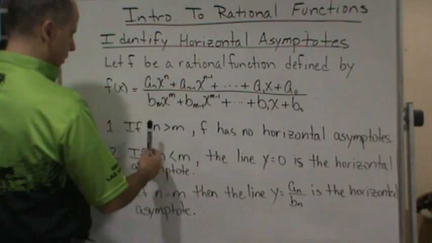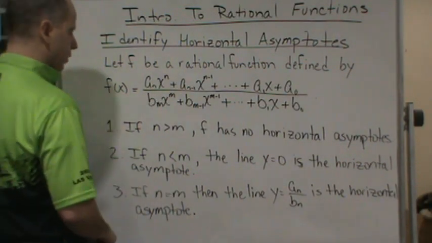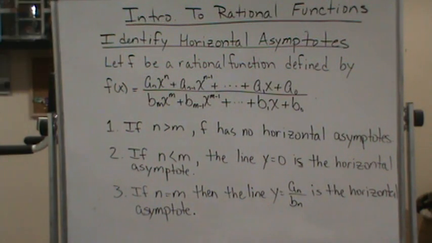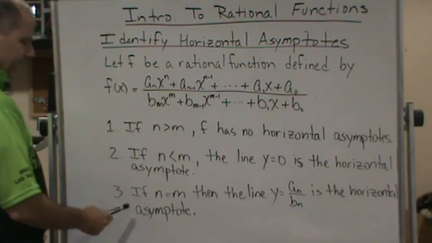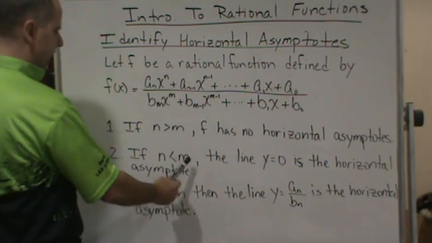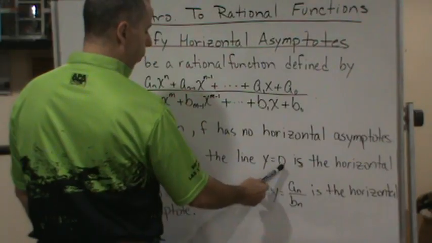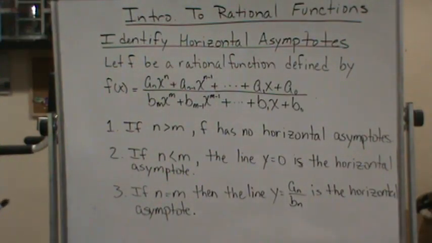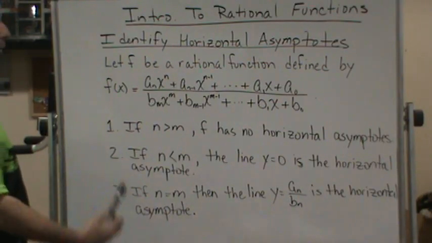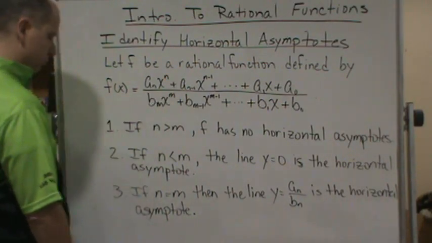So if the degree of the top is bigger than the degree of the bottom, there is no horizontal asymptote. 2, if the degree of the top is less than the degree of the bottom, then the line y equal to 0, in other words, the x-axis, is the horizontal asymptote.